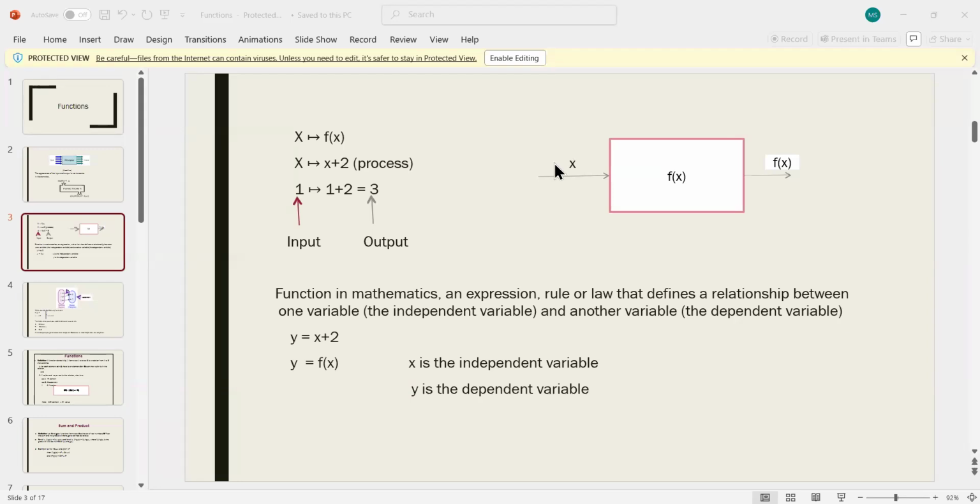Now x is the independent variable, and this is the dependent variable. Normally y equals x plus 2. It's like y equals, now this is a graph. x is the independent variable, y is the dependent variable. So it is transformed by the function or the machine or the rule. Normally this is known as an expression, rule or law, right?